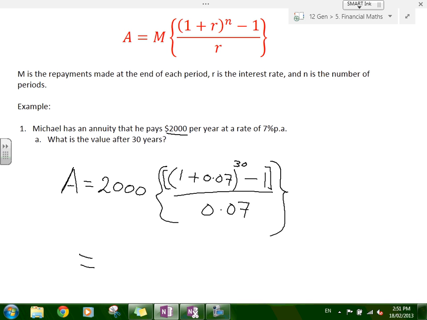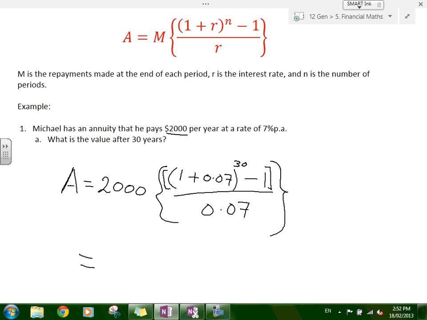I would suggest you do. Oh no, there's only one shape of bracket. That's fine. What did you get?